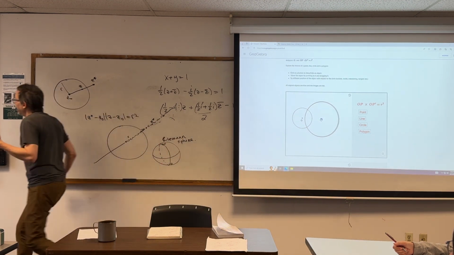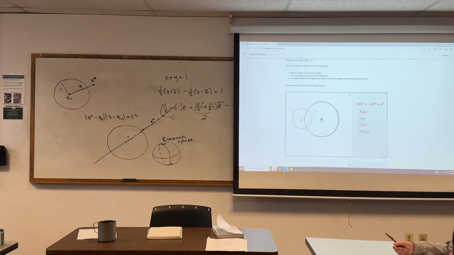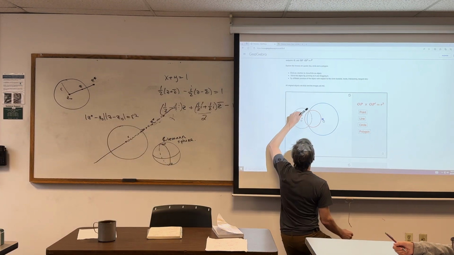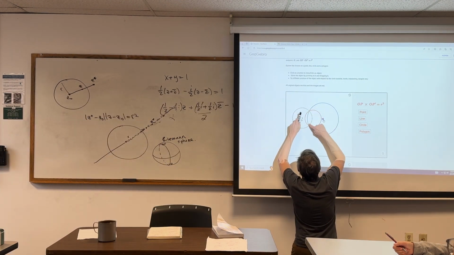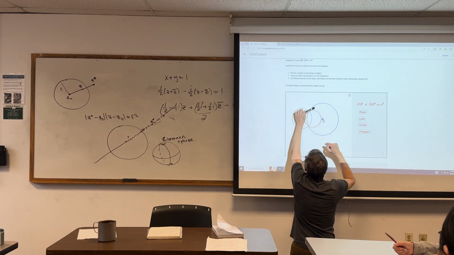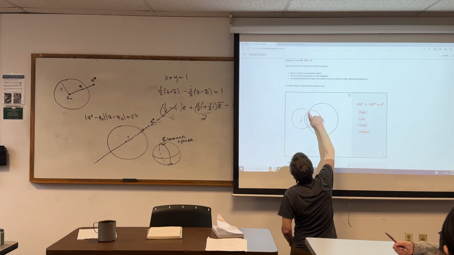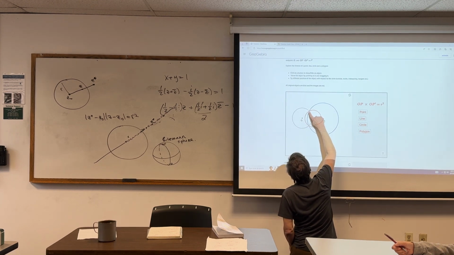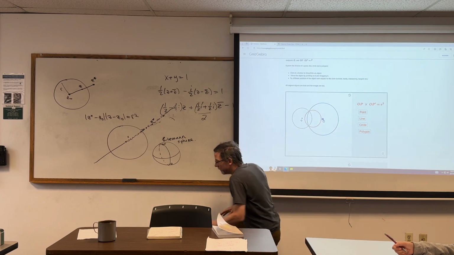At every other instance, they are not perpendicular. So notice right there, this blue line intersects the circle of inversion at a not right angle, and so does this one. And the two of these don't intersect at a right angle at all, right? That's a very acute angle, that's a very obtuse angle right there.